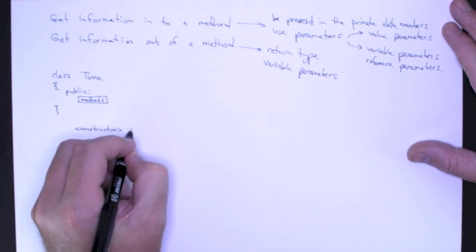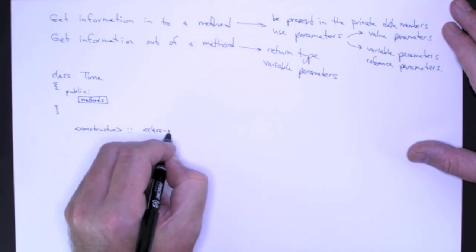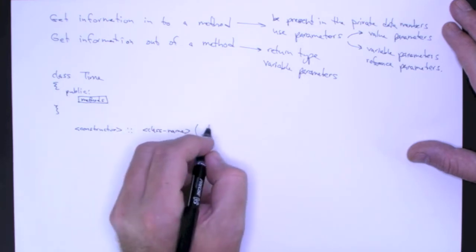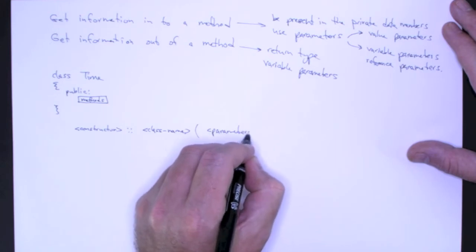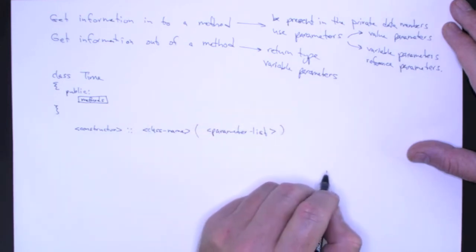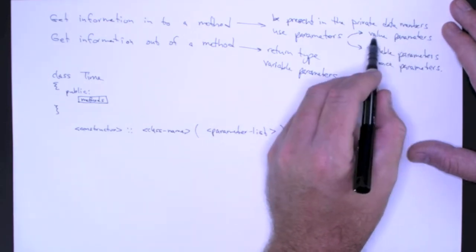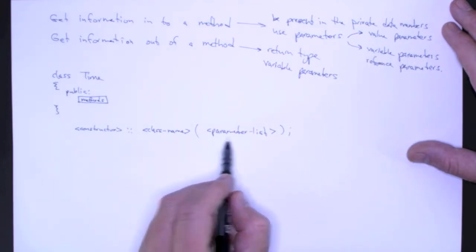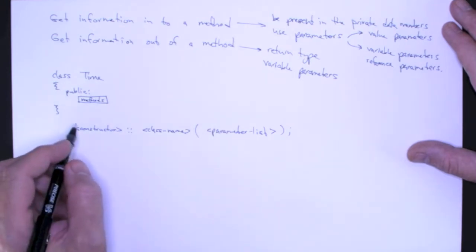The way that we define a constructor is by using the class name and the parentheses, and then we can have a parameter list. This is how we specify what value parameters and what variable parameters we're going to give, and what information we're going to pass into the constructor.